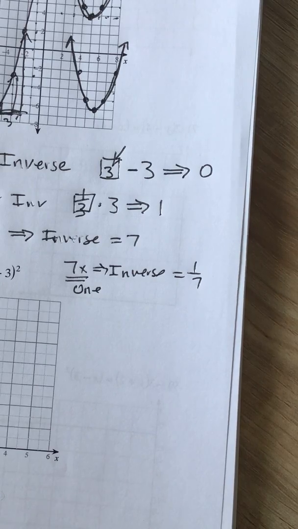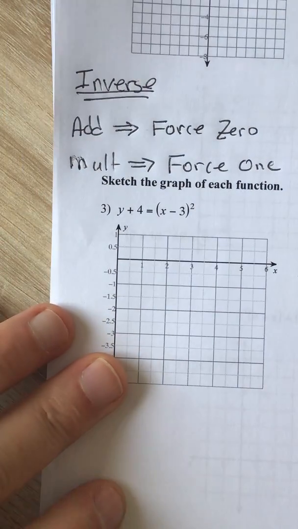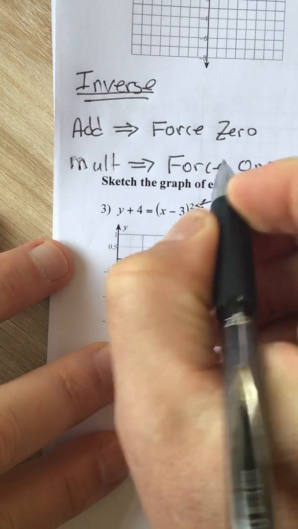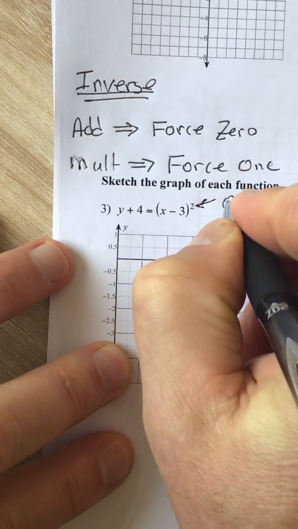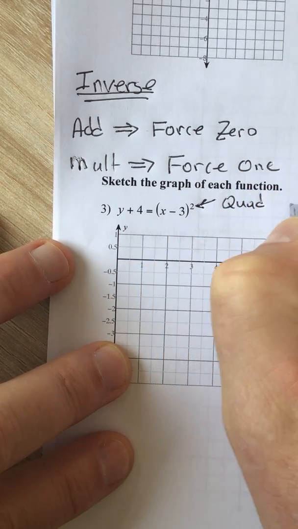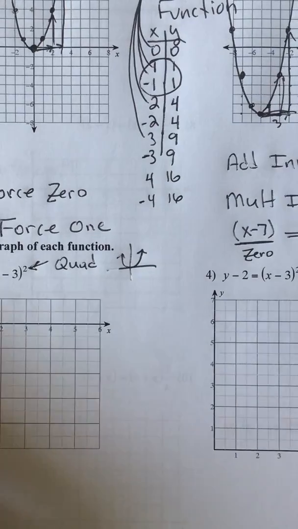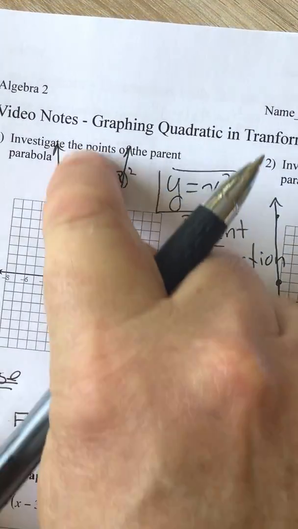Okay, why am I showing you that? Let's take a look at number 3. This right here, that power, means it's a parabola. It's a quadratic. It's going to look like this. It's this shape.